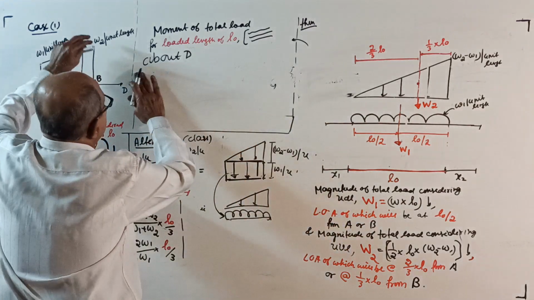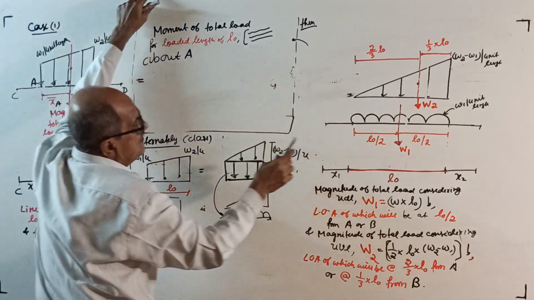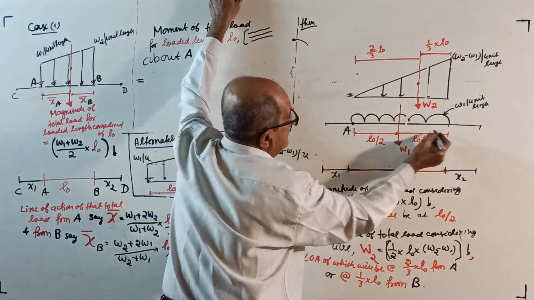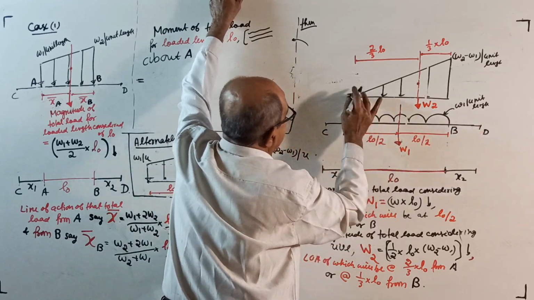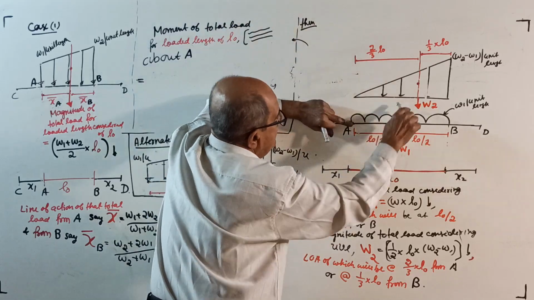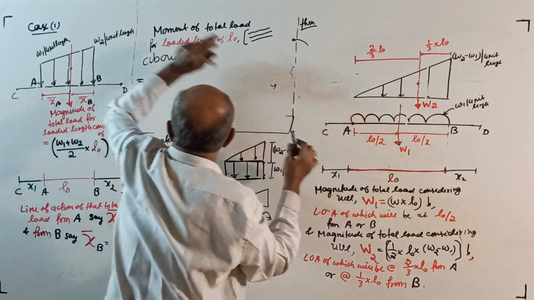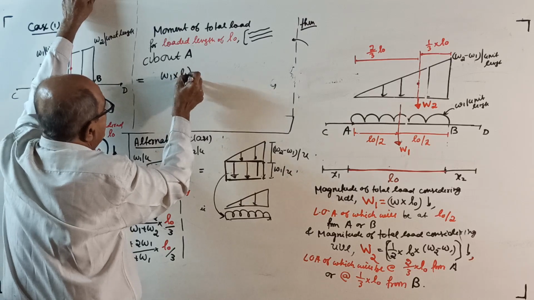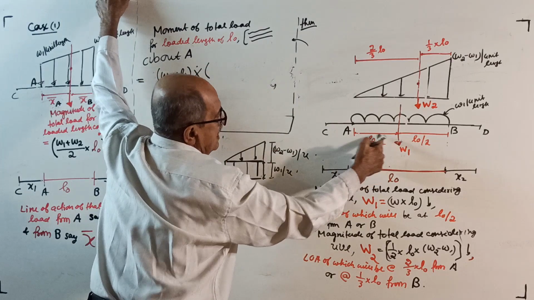Start. Moment about A. A, this is B, this is C, this is D. About A, this total load, W1 into L0, is the total load multiplied by L0 by 2.